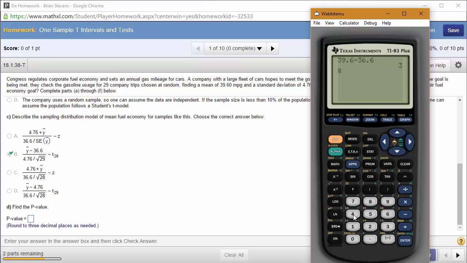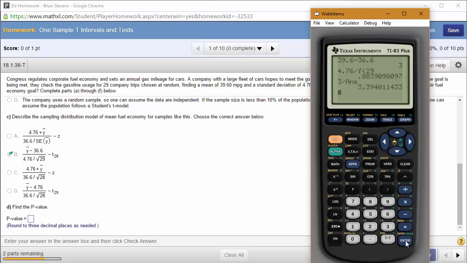So let's go ahead and take 4.76 and divide by square root of 29. This is the standard error of the mean, and that should turn out right. And then let's take 3, divide by second answer.